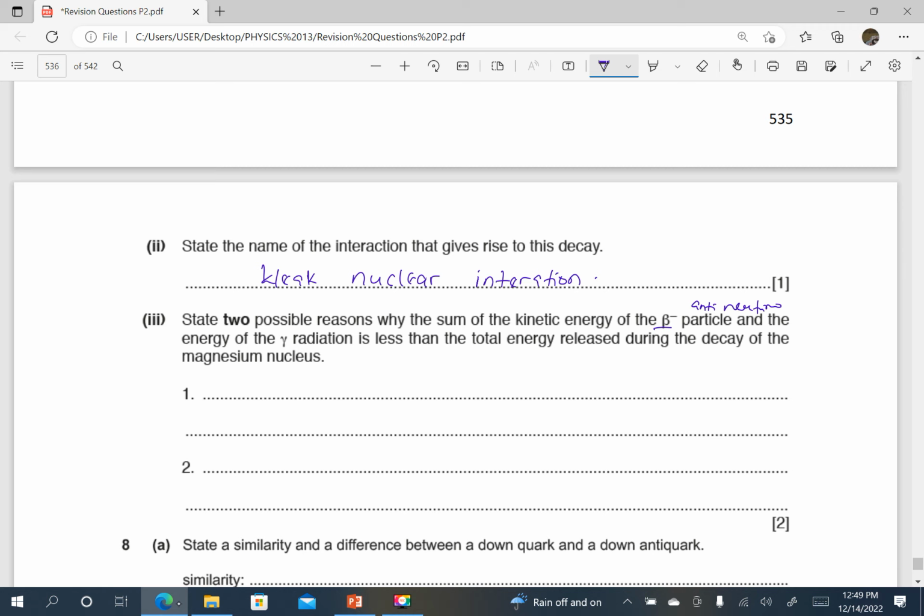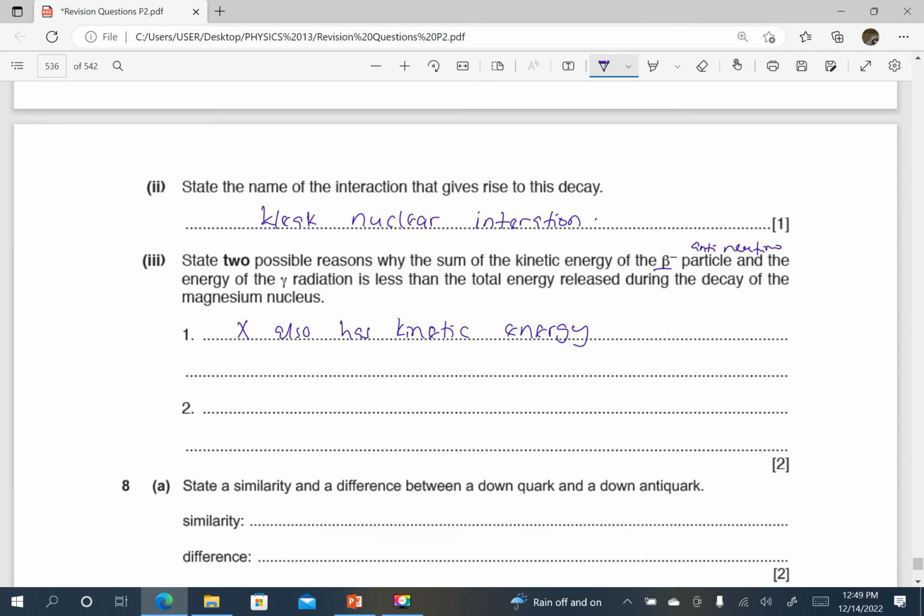So number one, X also has kinetic energy. Number two, we know that an electron antineutrino is also produced and it has energy.